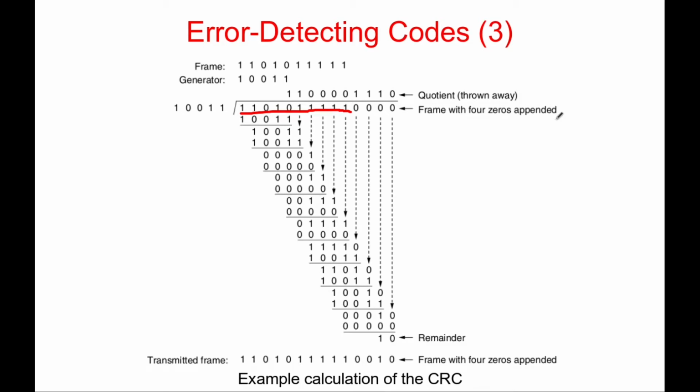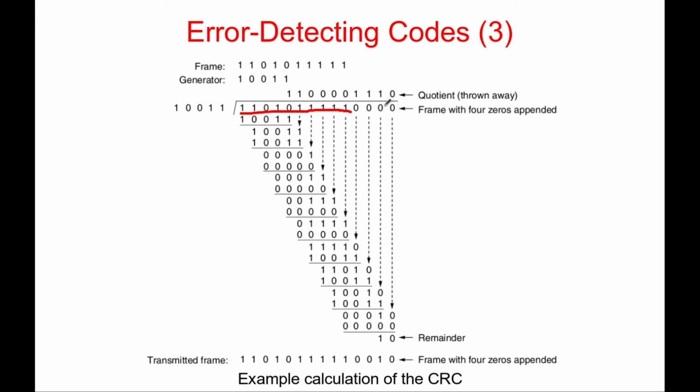Now we know that by the logic of this algorithm, while being transmitted, the Tx will be calculated, which will be the integral multiple of the Gx, and that's how we need to subtract this remainder from x raised to r m of x, and that's how we subtract 10 from this particular thing, which is x raised to r mx.